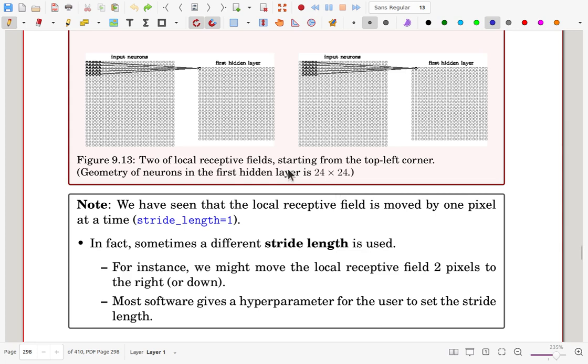For instance, we might move the local receptive field 2 pixels to the right and 2 pixels down, and in this case the stride length would be 2. Most software gives a hyperparameter for the user to set the stride length. The default is 1 in most cases.